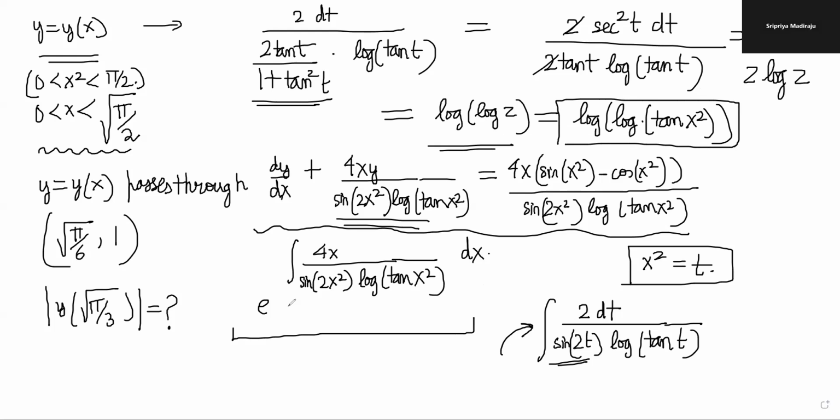Do you think this was a very difficult integration for us? No, but the idea of writing sine 2 theta in terms of tan theta didn't strike me at that time. If you have a tan substitution, what do you need? Do you think we'll be able to solve the integral without dealing with tan t? No. So what do you need on top for that?